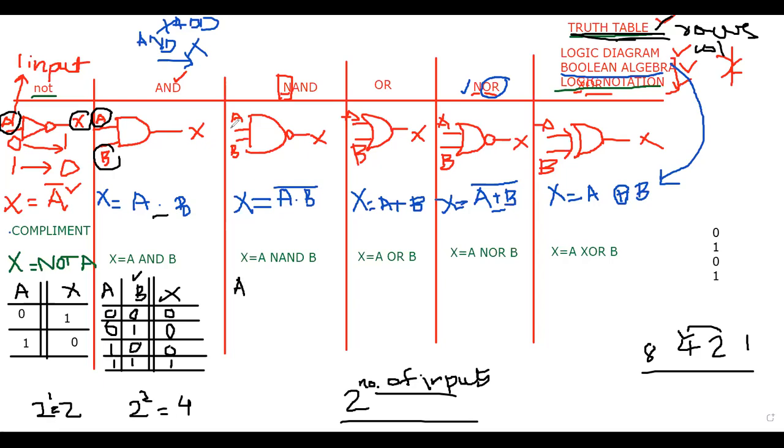So A, B, and X. Same like AND. 2 to the power of, how many inputs? 1 and 2. So 2 raised to the power 2. How many rows? 4 rows. ठीक है? अच्छा.